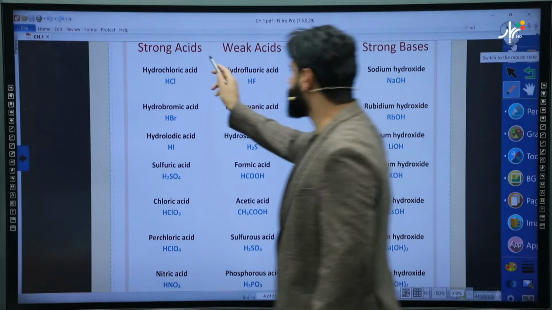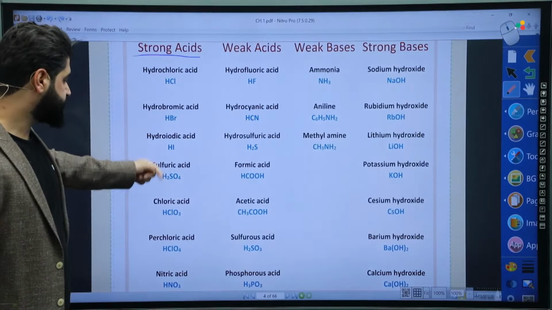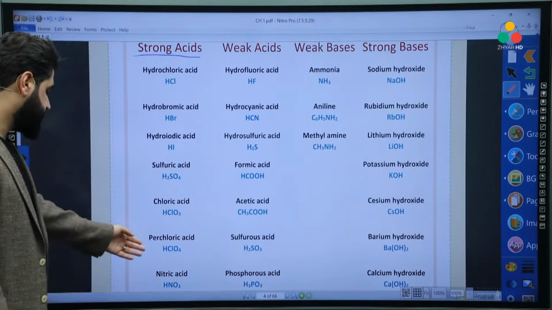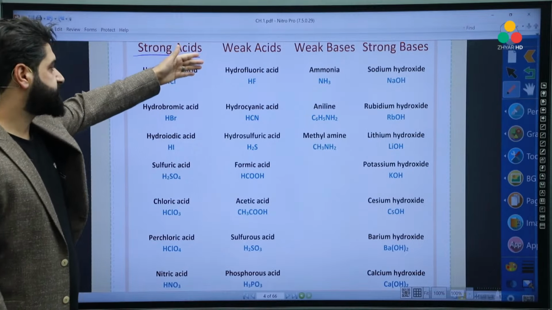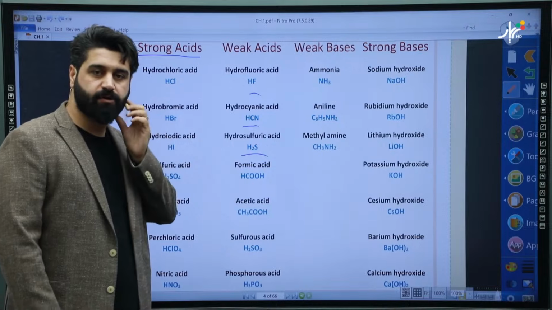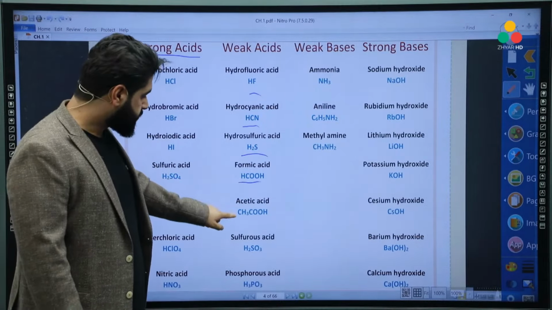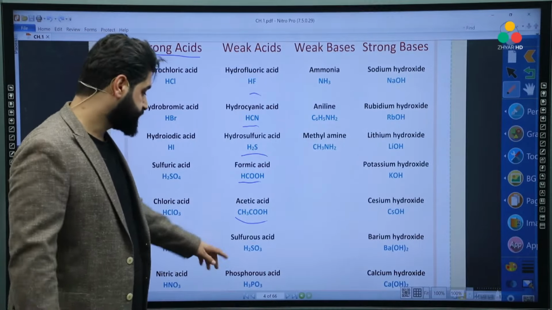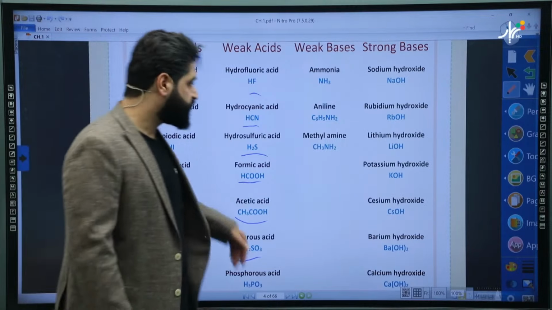Strong acids such as hydrochloric acid, hydrobromic acid, hydroiodic acid, sulfuric acid, chloric acid, perchloric acid, nitric acid, etc. Weak acids such as hydrofluoric acid, hydrocyanic acid, hydrosulfuric acid, formic acid, and acetic acid, which has another name, ethanoic acid, and also sulfurous, phosphorus, and phosphoric acids.